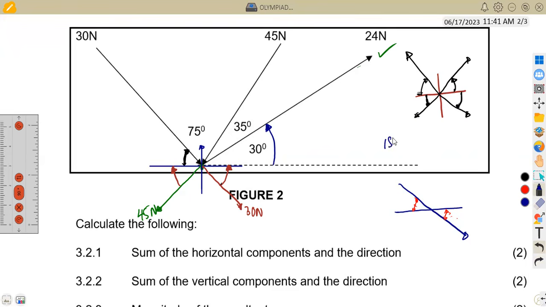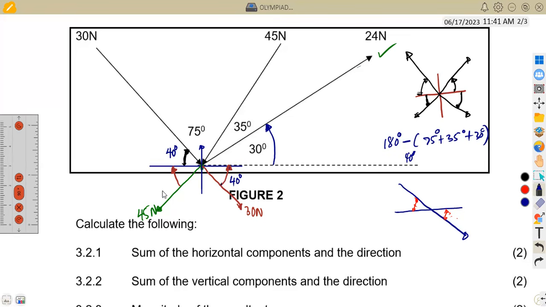So we are going to have 180 degrees minus (75 plus 35 plus 30) degrees. So our angle here is going to give us 40 degrees in all. So if this angle here is 40 degrees, it means this angle is also 40 degrees, the angle between the force and the horizontal line. This is what we need.